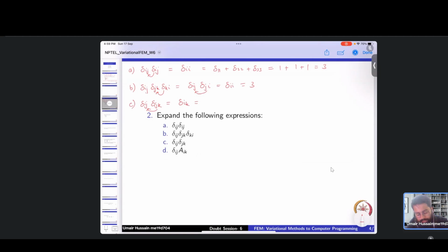So instead of k, we can also write it as j, ij or jk. It's all the same. So this ultimately gives us a second order tensor. It can be this identity tensor.